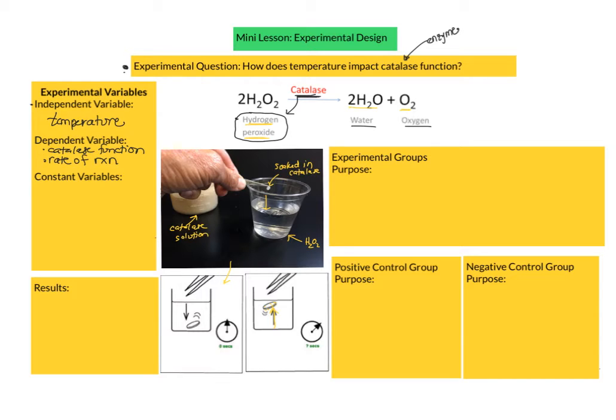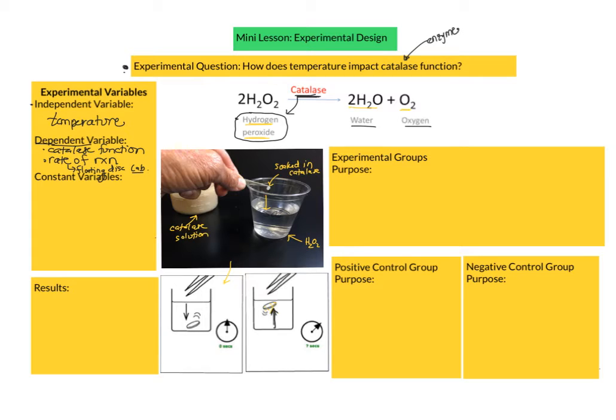Okay, so we use the floating disk lab to help us to measure the speed at which this reaction is occurring, with the faster time being associated with a faster rate of reaction, and a slower float time being associated with a slower rate of reaction. Okay, so with that in mind, we have a means of measuring our dependent variable.